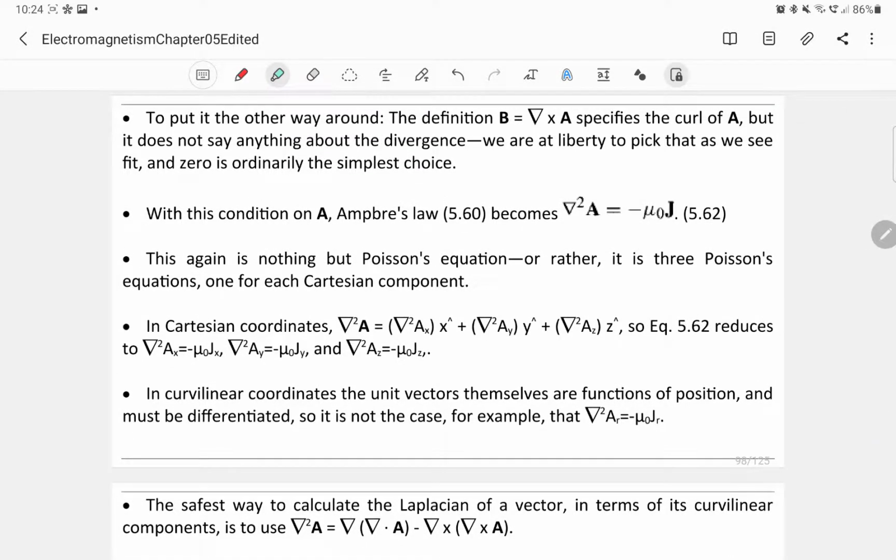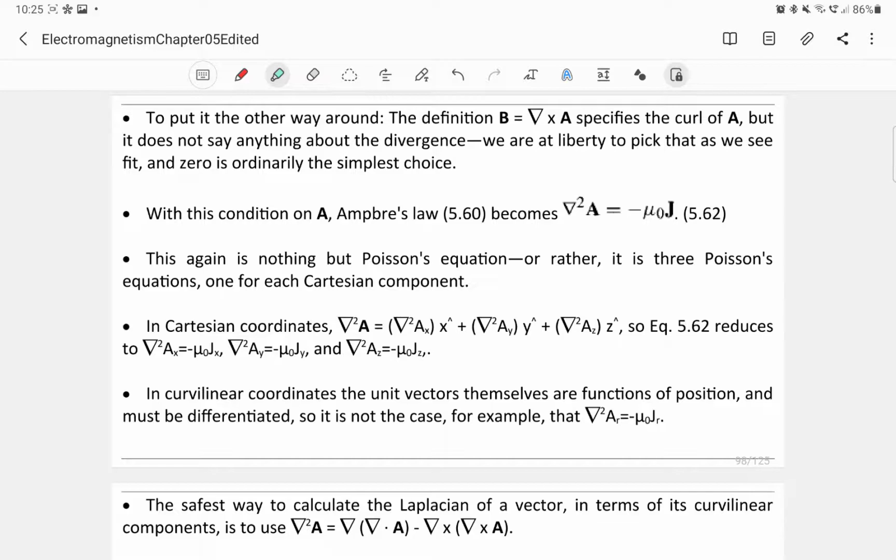In other words, the definition of B as the curl of A, the vector potential, specifies the curl of A, but it does not necessarily say anything about the divergence. We are at liberty to pick that as we see fit, and 0 is ordinarily the simplest choice.